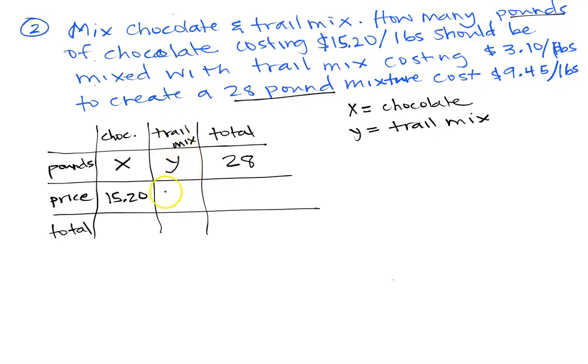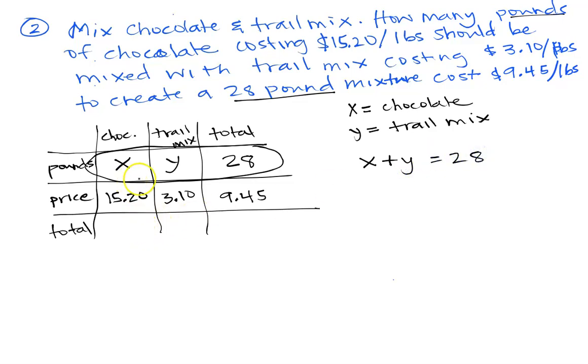The trail mix is $3.10. And the price of the total mixture is $9.45 per pound. So this is our first equation, we already have it.